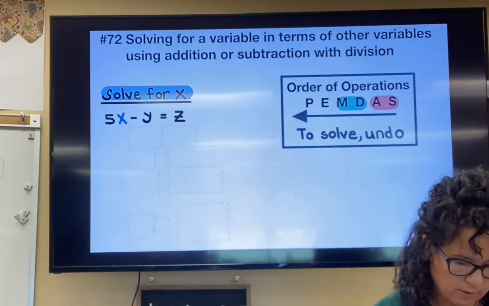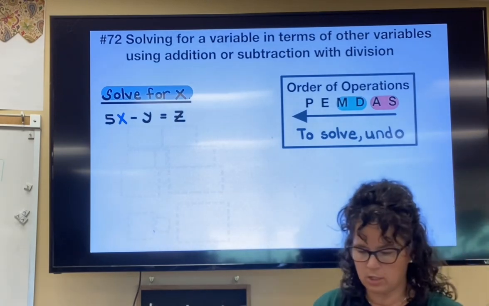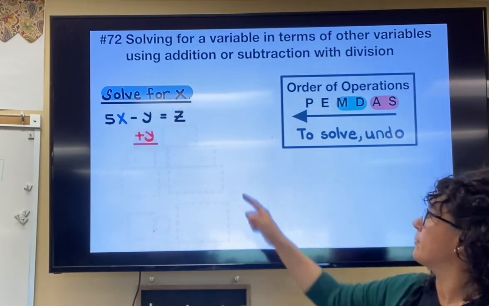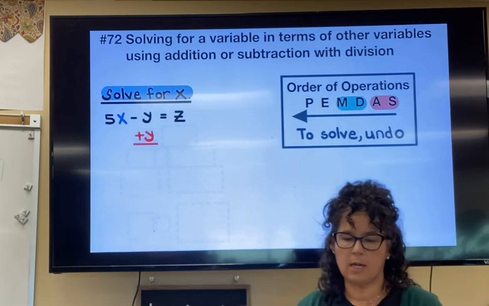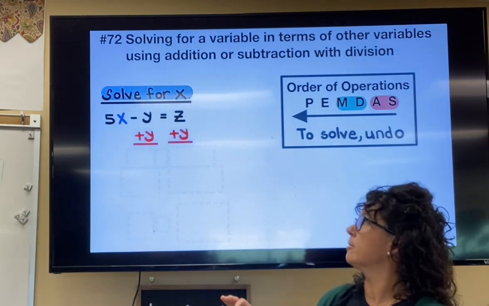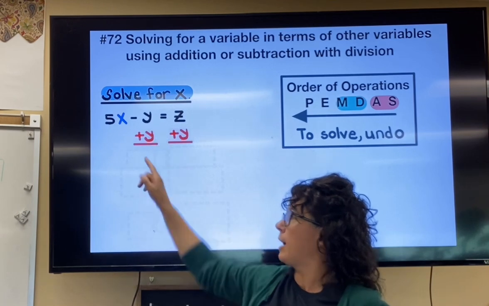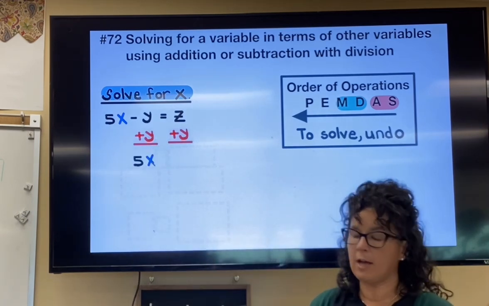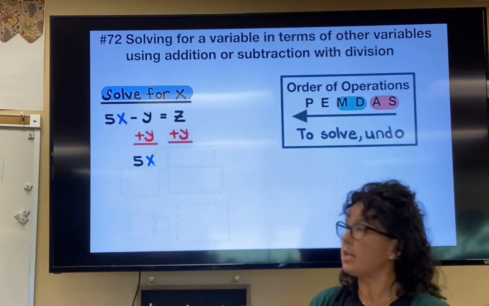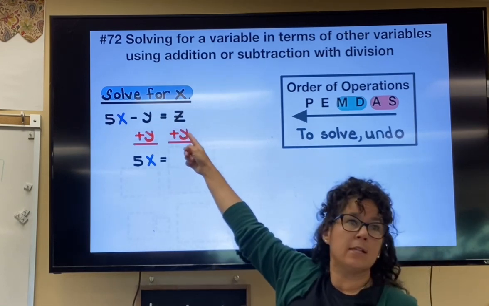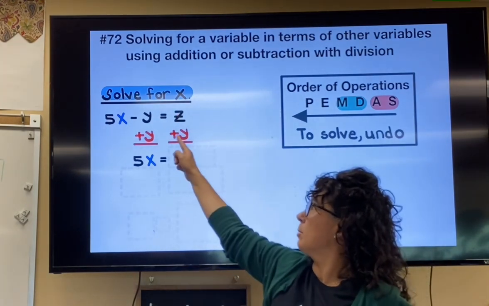Okay, so to get rid of subtract y, I'm going to add y. What I do to one side of the equal sign, I do to the other. So on the left-hand side, now that we've gotten rid of that y, we're still going to have 5x. Let's bring down the equal sign. And then on the right side, we have z plus y.